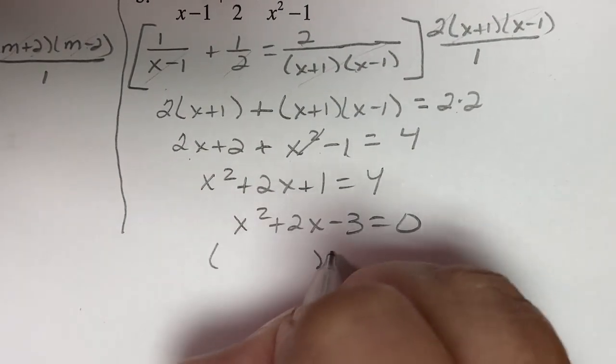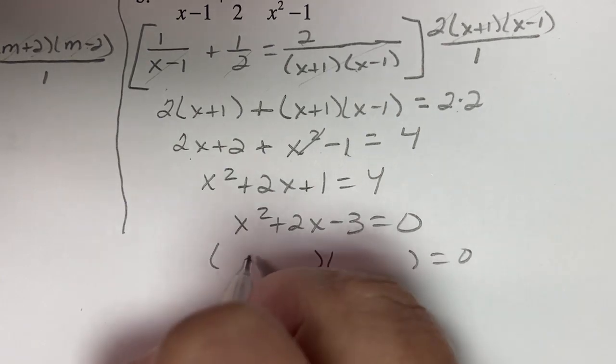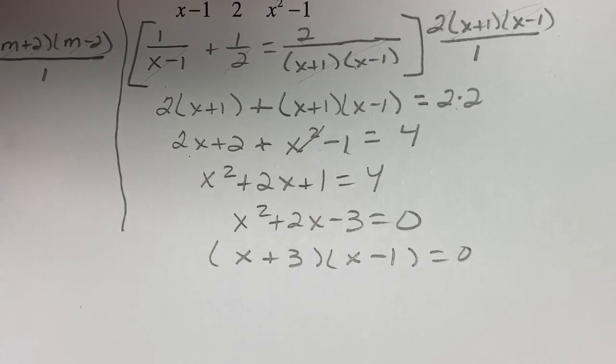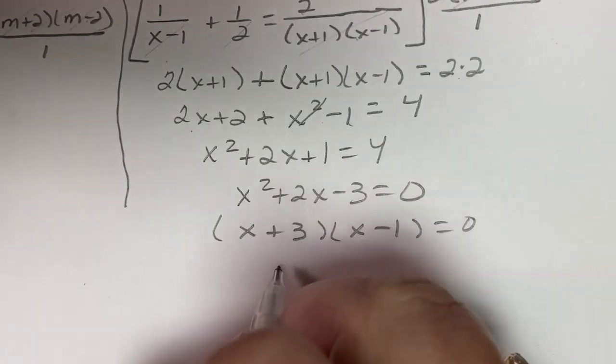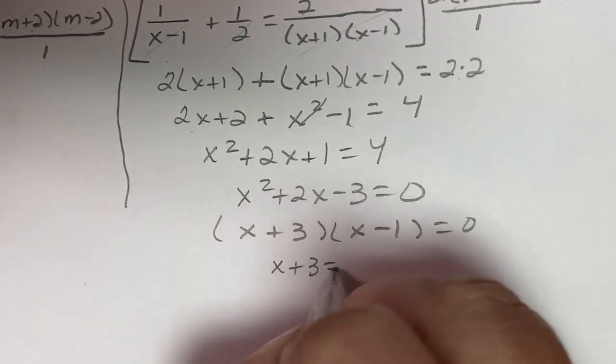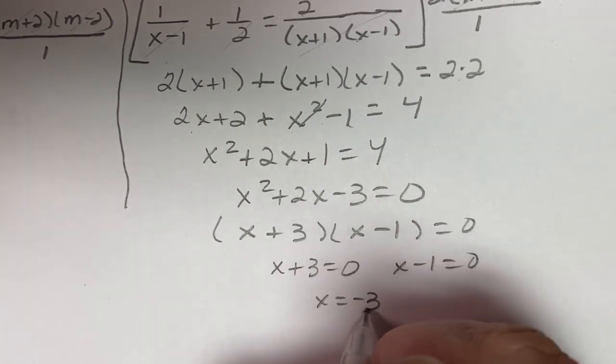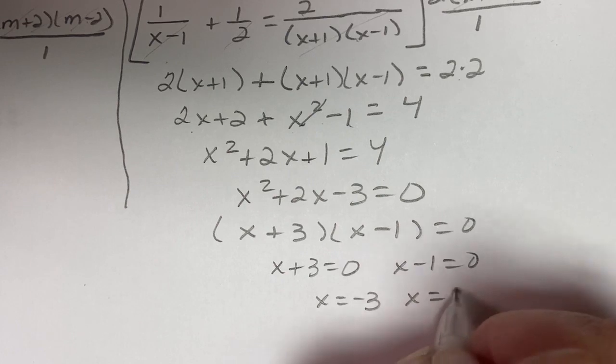Now I have to factor this. So I'm going to get x plus 3 and x minus 1. And if I take each of these factors and set it equal to 0, I get two solutions. I get -3 and I get +1.